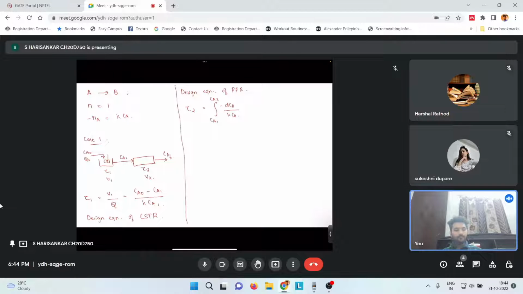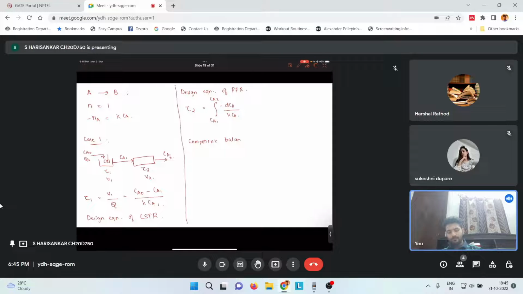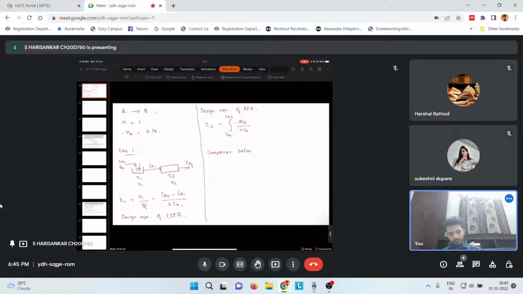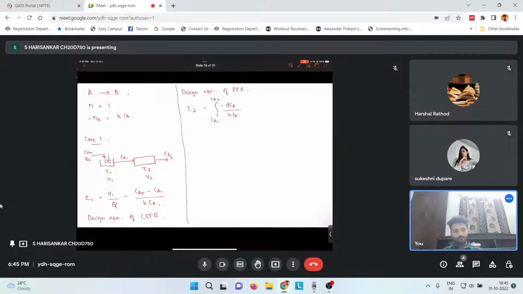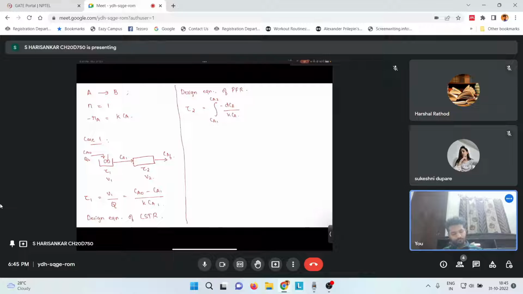Now let us try to simplify these two. Let us take this as equation 1 and this as equation 2.